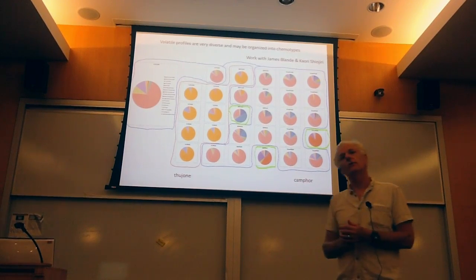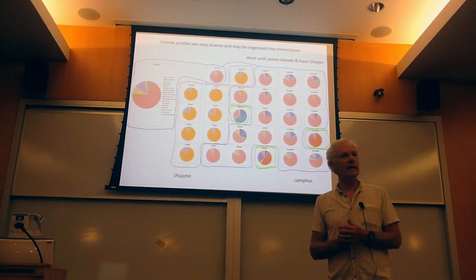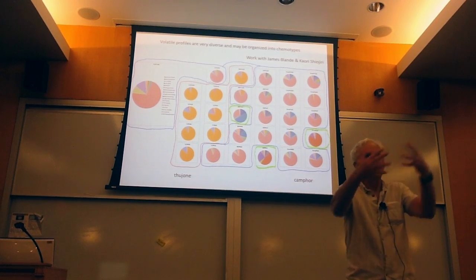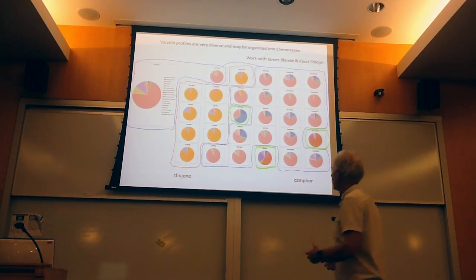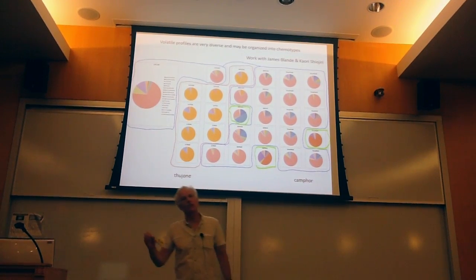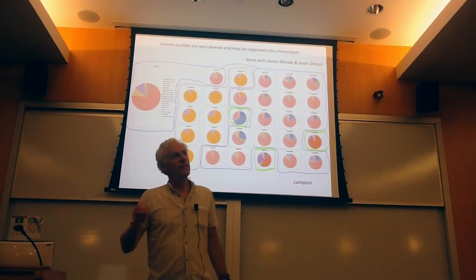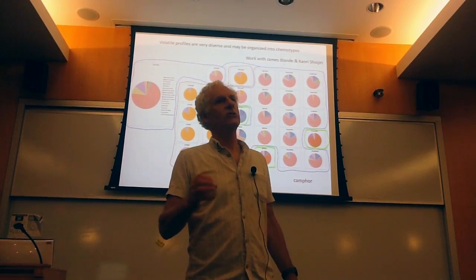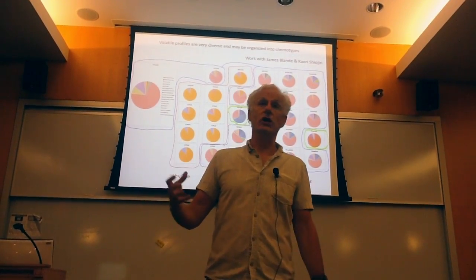What they found was that in this meadow, the plants are all interspersed here, and some of the plants, these ones that are shown as pies that are mostly orange, are producing a lot of this one chemical, thujone.